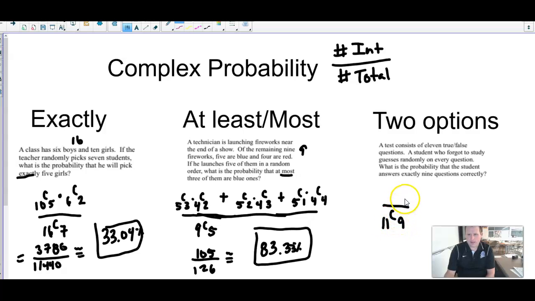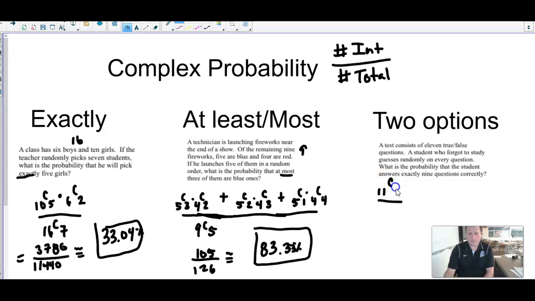Okay. My numerator, oh shoot, I apologize. Sorry, my bad. So hold on a second. Sorry, that would actually give me the number of ways of getting 9 right and then the other one's wrong. So hold the phone for just a minute on that one. That actually is my numerator.